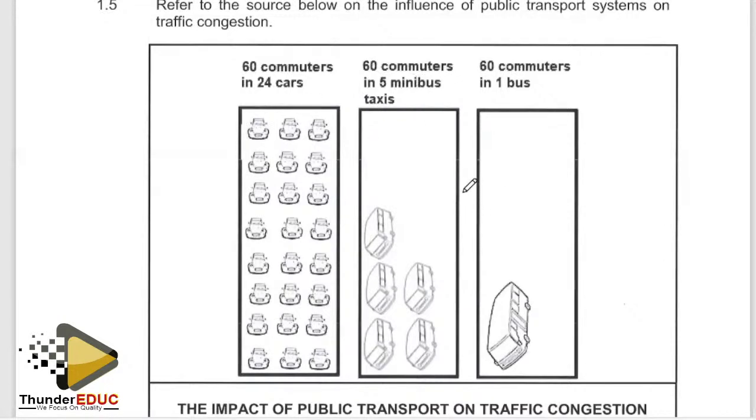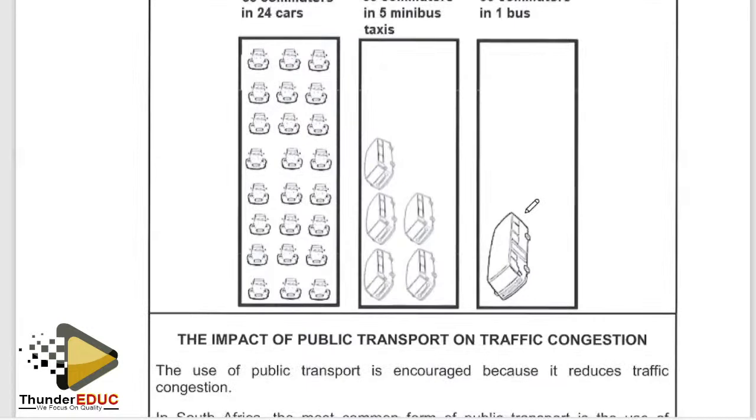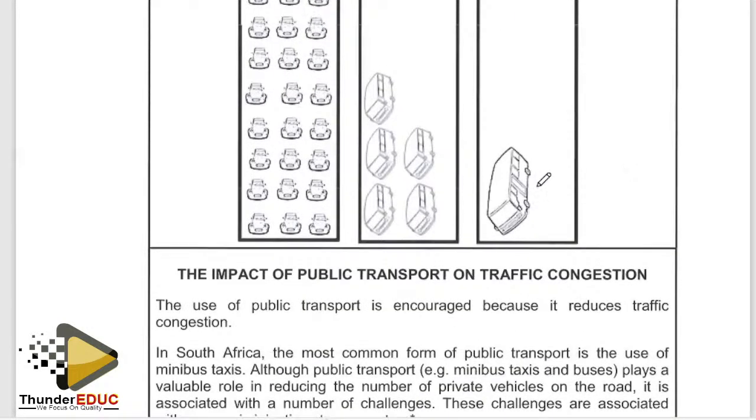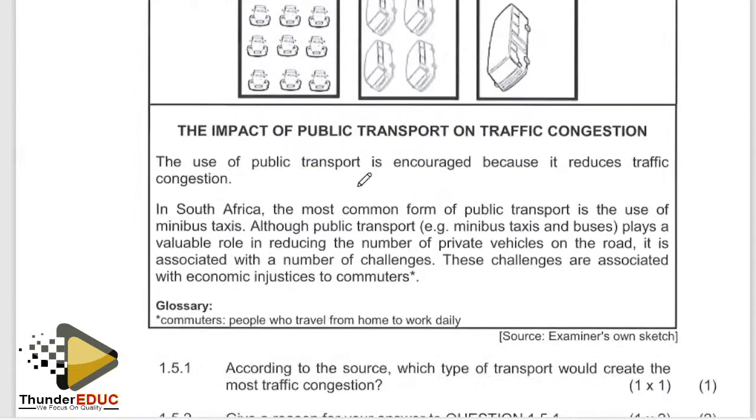But when you look at here, the minibuses, very many people are going to be in a few minibuses. And when you look at the other diagram, one bus has very many commuters and there is a lot of space. In other words, the amount of pollution won't be the same. We go to the extract we have below. The extract says the impact of the public transport and traffic congestion. The use of public transport is encouraged because it reduces traffic congestion.